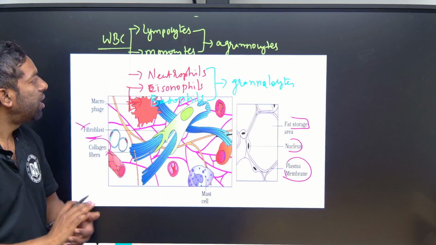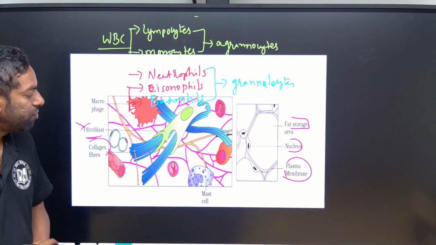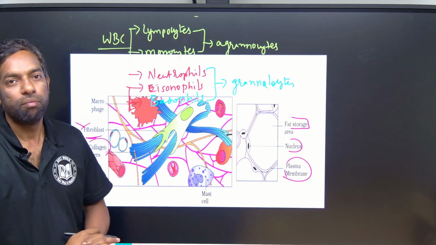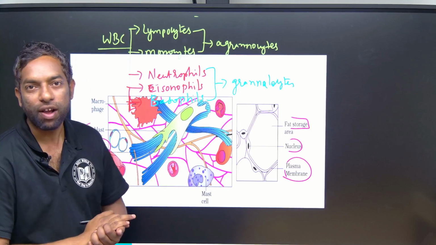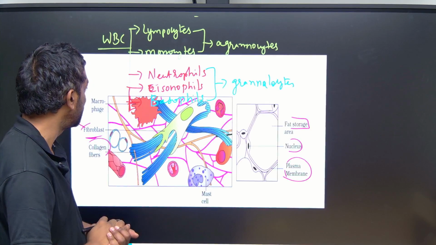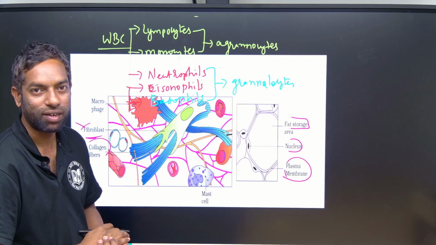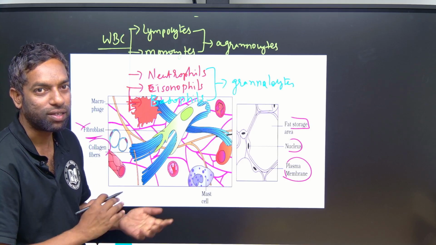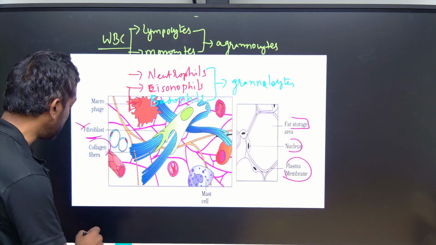Which among these cells are phagocytic in nature? Phagocytic nature means macrophages.